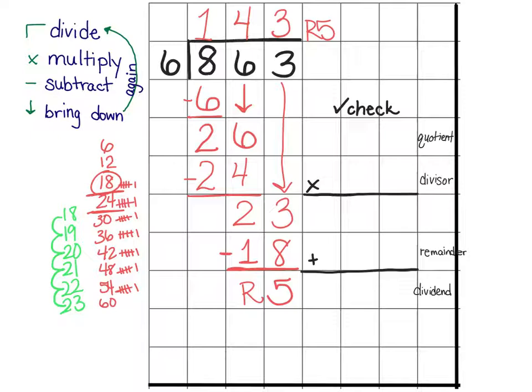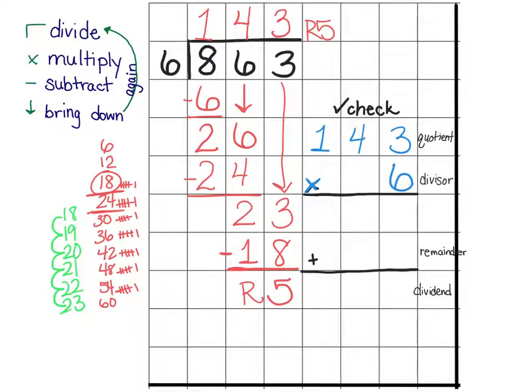Now it's time to check our answers. Take your quotient, your answer to your division problem, 143, and we are going to multiply it times the divisor, which is 6.